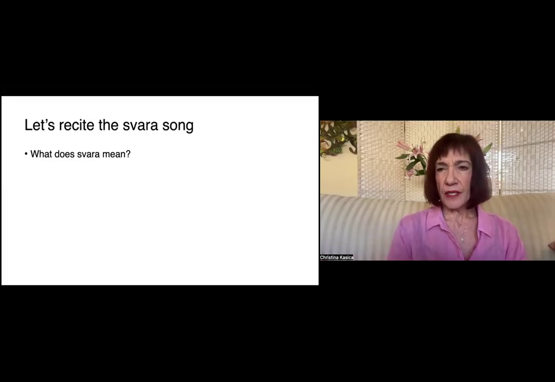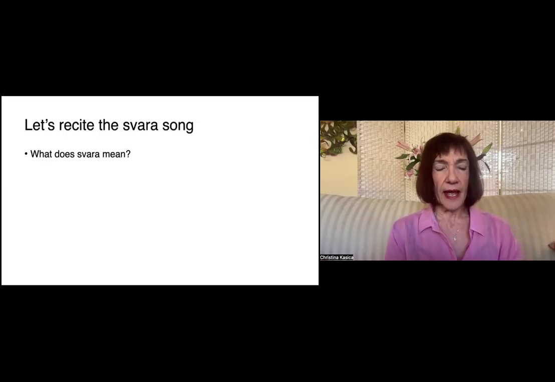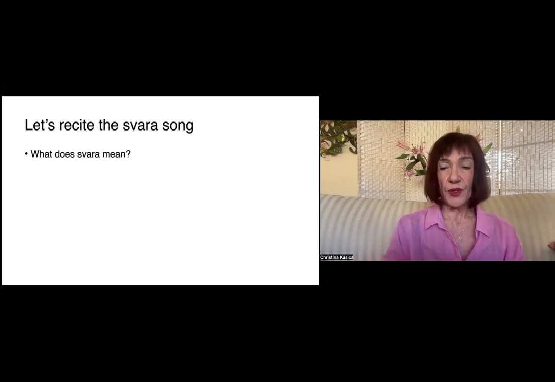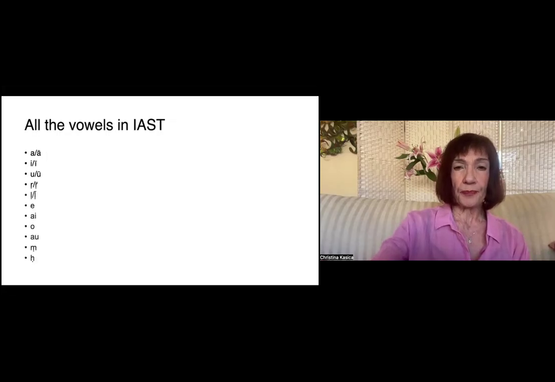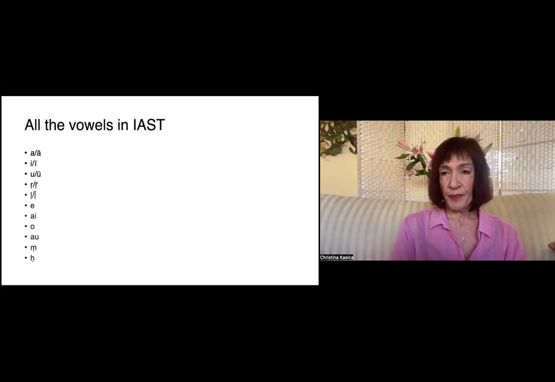And the first vowel is A. So you know I can't sing, so we're going to try it. I'll recite it once, and then I want us all to recite it. Maybe we can be helped by the next slide, Marina. All right, here are the vowels. So we're going to sing it. I'll go first.